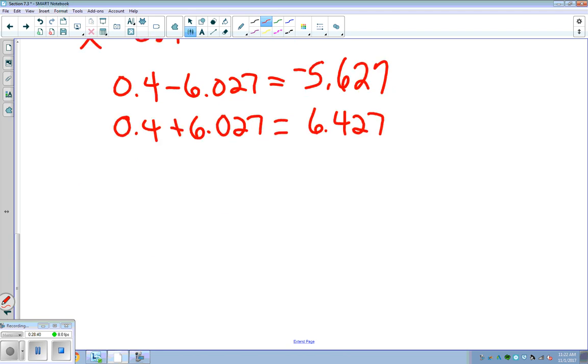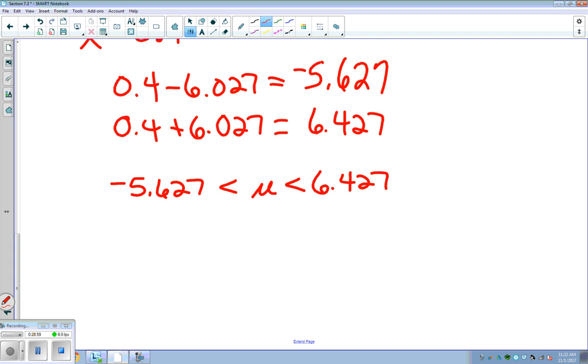Constructing my interval, I'm going to say from negative 5.627 has to be less than mu, meaning the population mean, which has to be less than 6.427.